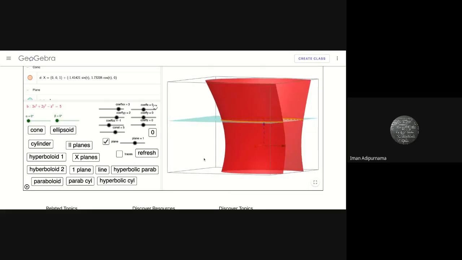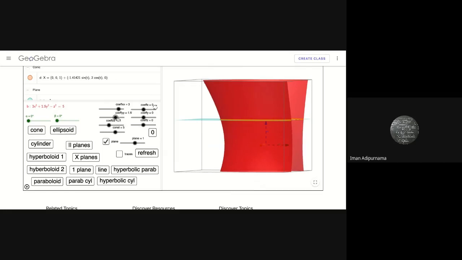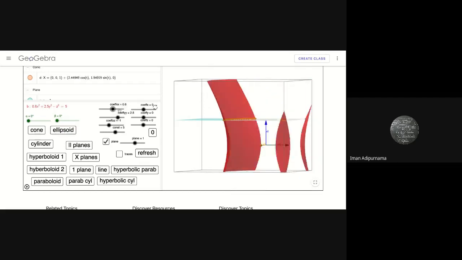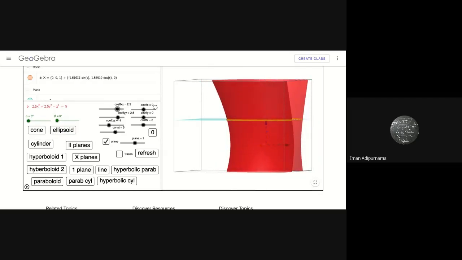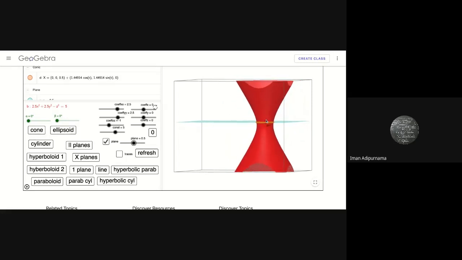This is the hyperboloid of one sheet. If you remember, a one sheet hyperboloid. We can change the coefficients, make them bigger or smaller, and it makes a different shape. Let's look from some distance here. So this is how it looks.